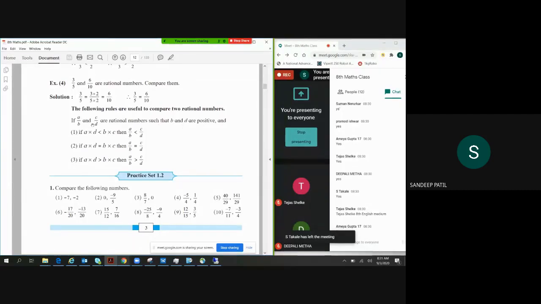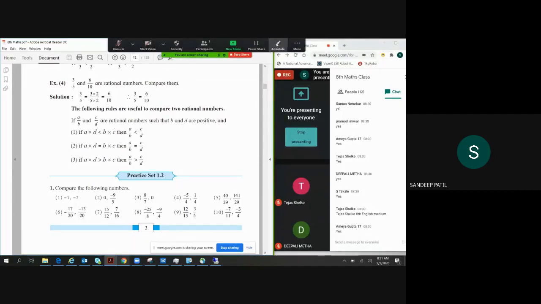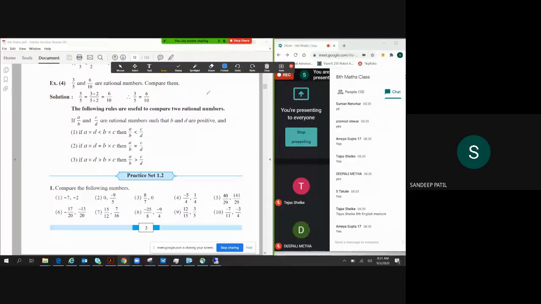Last time we used cross multiplication. I will quickly go through that. If there are two numbers, 3 by 5 and 6 by 10, then we multiply 3 into 10 and 5 into 6 and compare them.